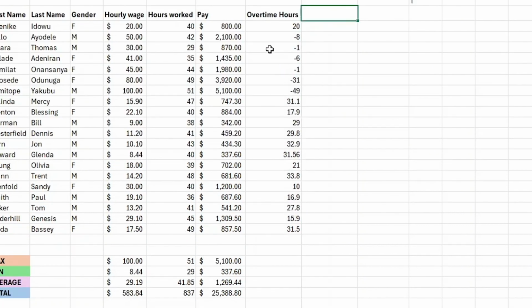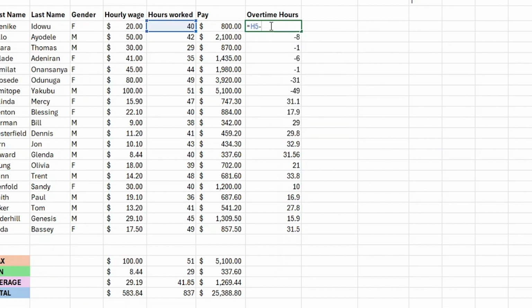Can you see? So why are we having -8, -1, -6, -49? We cannot use that formula. We do not want to see a negative sign.